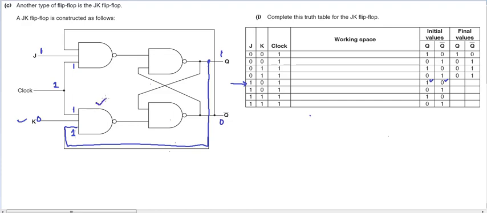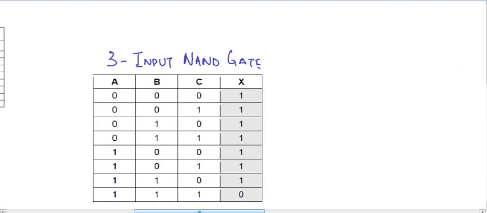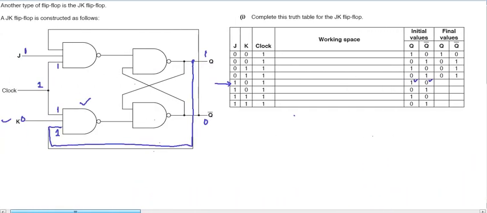Okay, so this is a 3-input NAND gate, and for this 3-input NAND gate, we have 1 1 0 as the input. And remember, let's just quickly take a look at the 3-input NAND gate truth table here. Only when all the inputs are 1, that is the only time you're going to get a 0. Otherwise you'll always get a 1. Okay, we'll just keep that in mind.